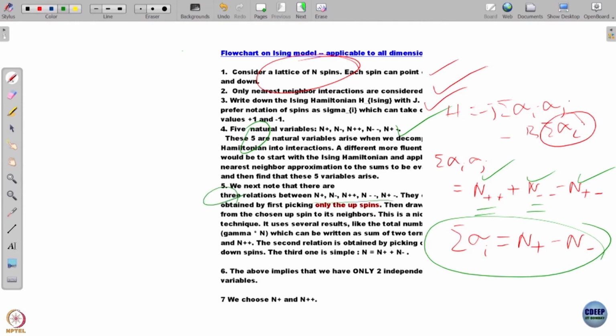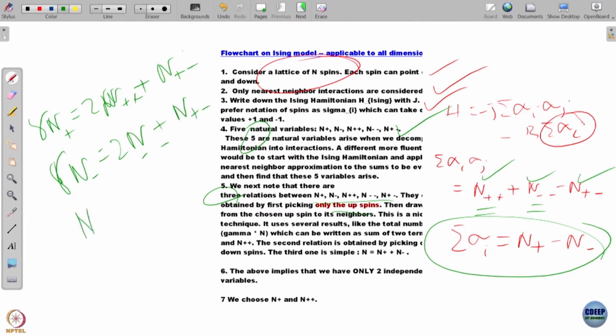They are obtained by picking first only the up spins, and for the up spins the condition, we remember, is gamma n plus equal to 2 n plus plus plus n plus minus, then gamma n minus equal to 2 n minus minus plus n plus minus, and of course we have the other condition, n is n plus plus n minus. Okay. That way we have only 2 independent variables, and we choose, as I said, n plus and n plus plus.